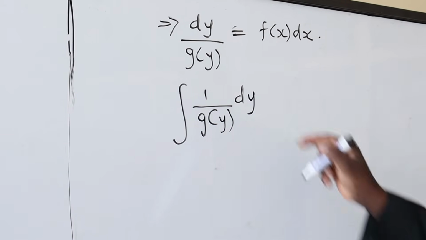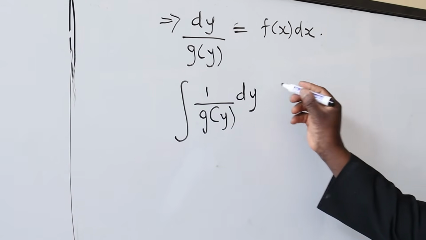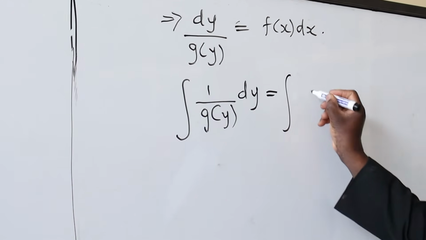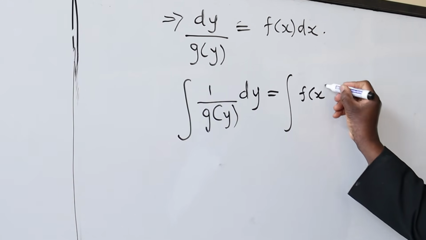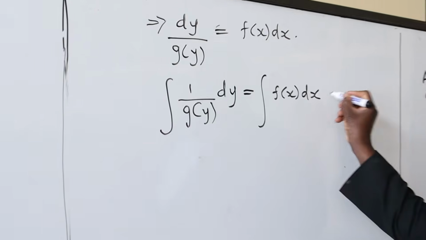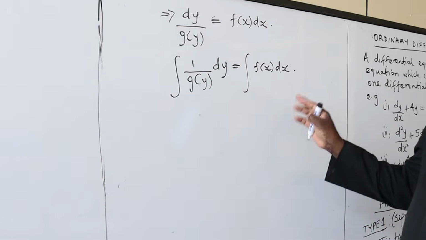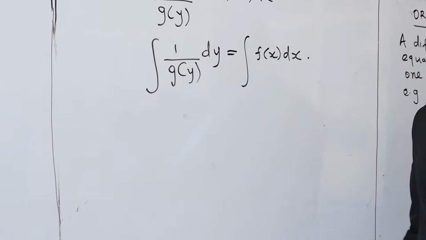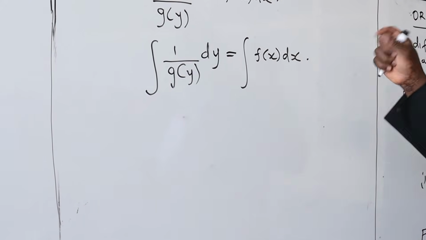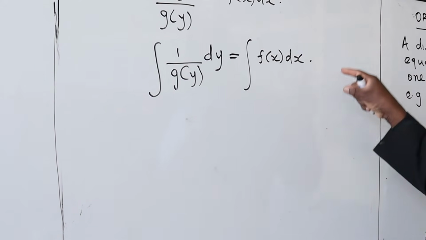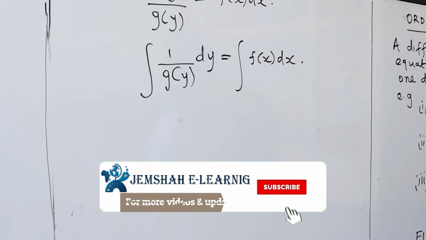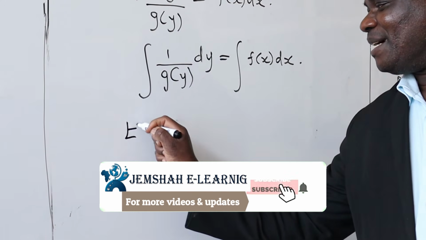So the integral of 1 over g of y dy will be equal to the integral of f of x dx. By doing so, we can make y the subject, and we will have gotten the solution of that particular differential equation.